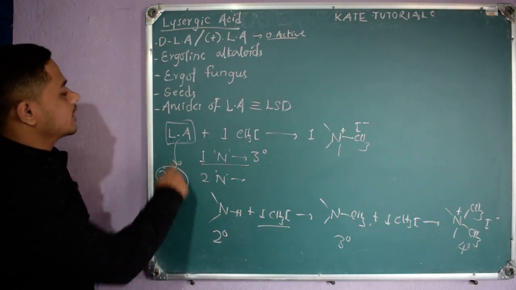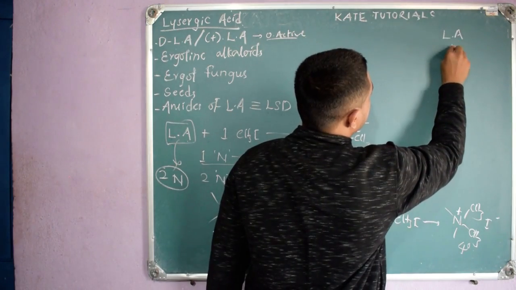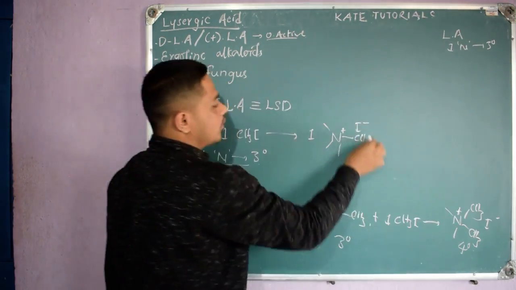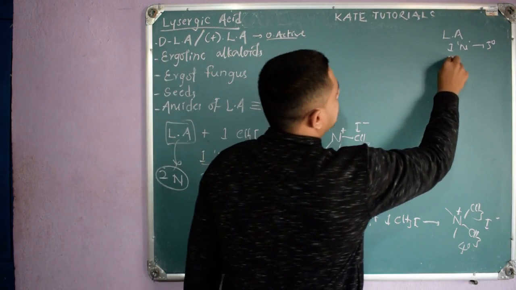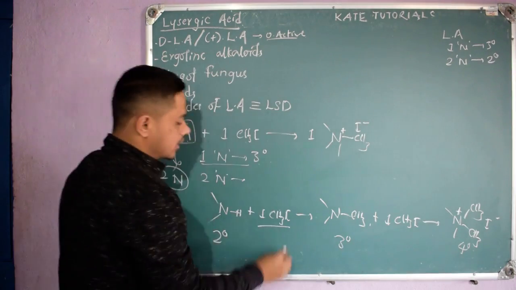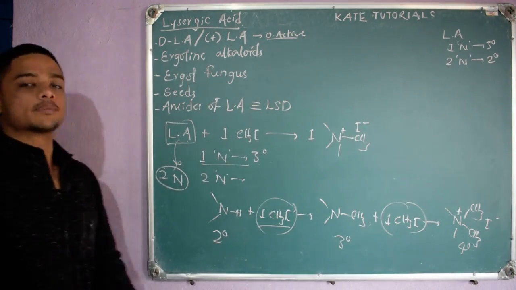So they concluded that lysergic acid has two nitrogens, in which one nitrogen is tertiary because it directly formed the quaternary ammonium salt, and the second nitrogen is secondary because it consumed two equivalents of CH3I, one to form the tertiary amine and the second to form the quaternary ammonium salt.